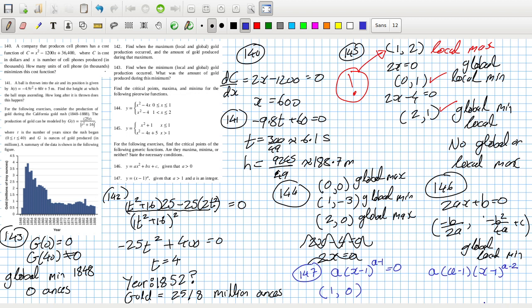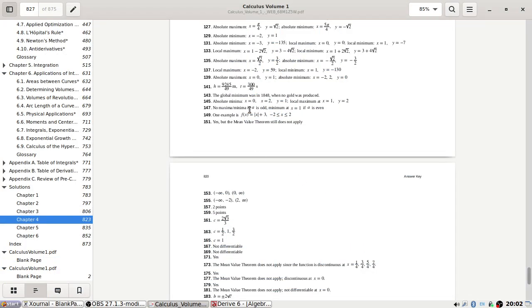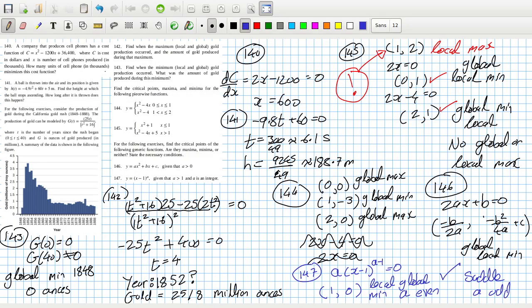But that's also 0. It's going to keep being 0. It's going to depend on the a. I think it's a local and global minimum when a is even. And it's a saddle when a is odd. From the shape, no max or min if a is odd, correct. Minimum at x is 1 if a is even. Hurrah! Success. And that's the end of that exercise.